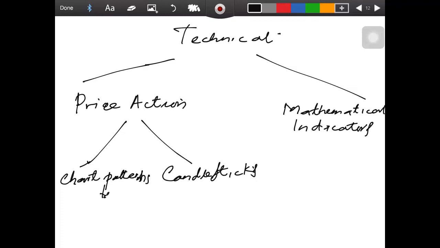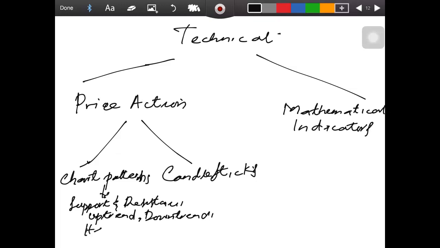You have support and resistance, you have uptrend, you have downtrend, you have head and shoulders, you have double tops and double bottoms.